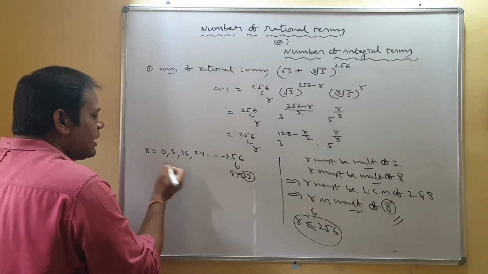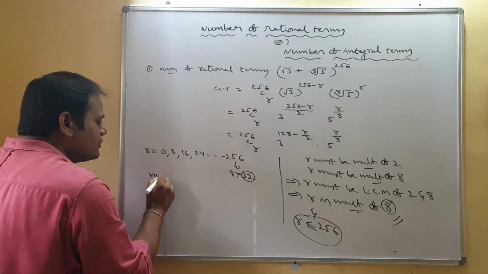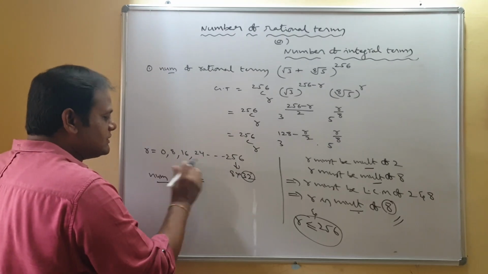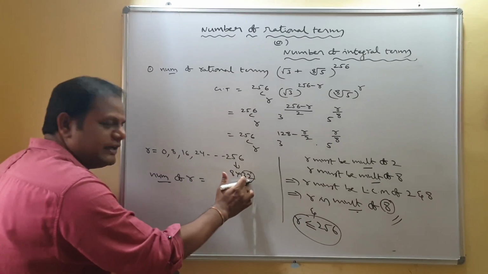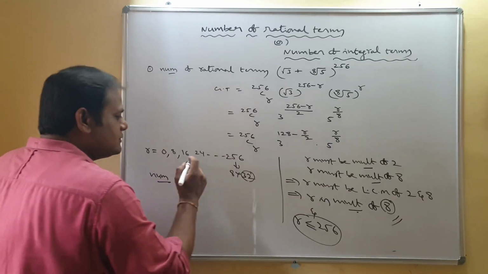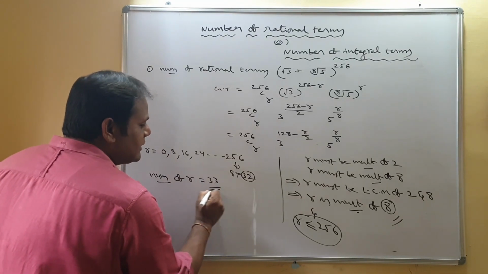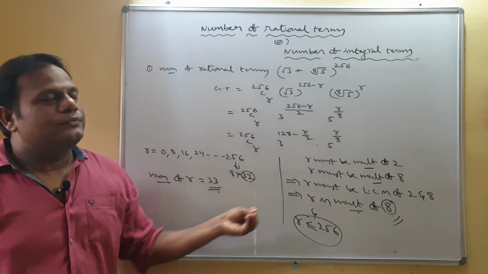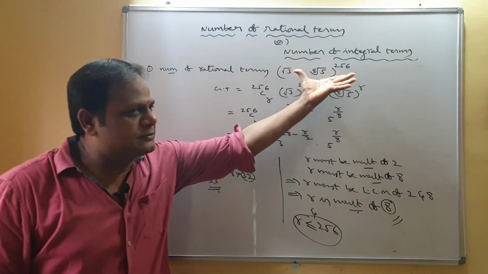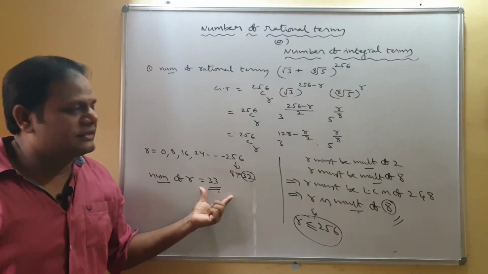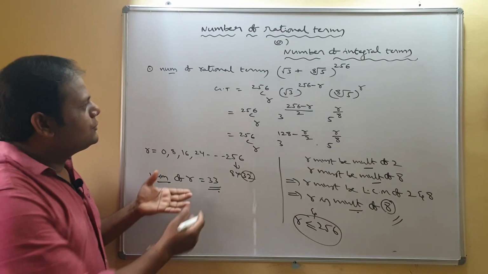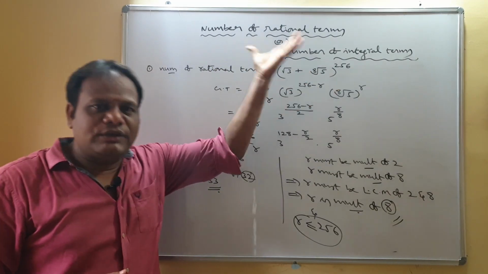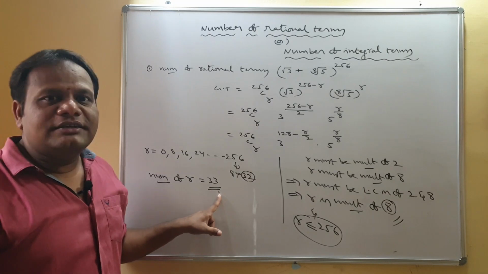So in total how many R values are there? From 8 to 256, 32, and 0 also included, so totally 33. The number of rational terms in this expansion is 33. Or you can call that the number of integral terms in this expansion, 33.